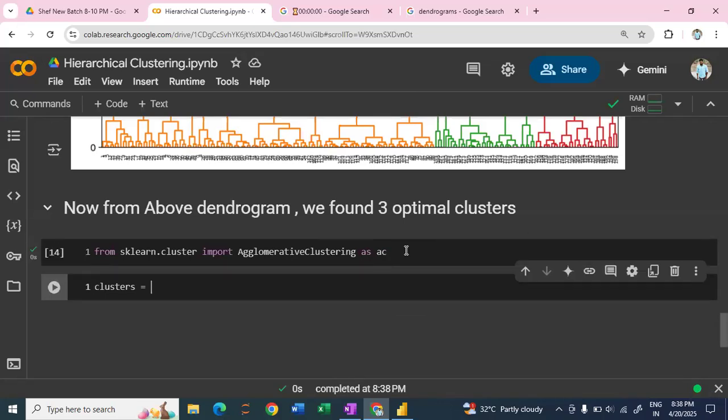So with the help of AC, I'm going to pass some parameters: n_clusters equals 3, and we are taking metric equals Euclidean, and linkage equals Ward.